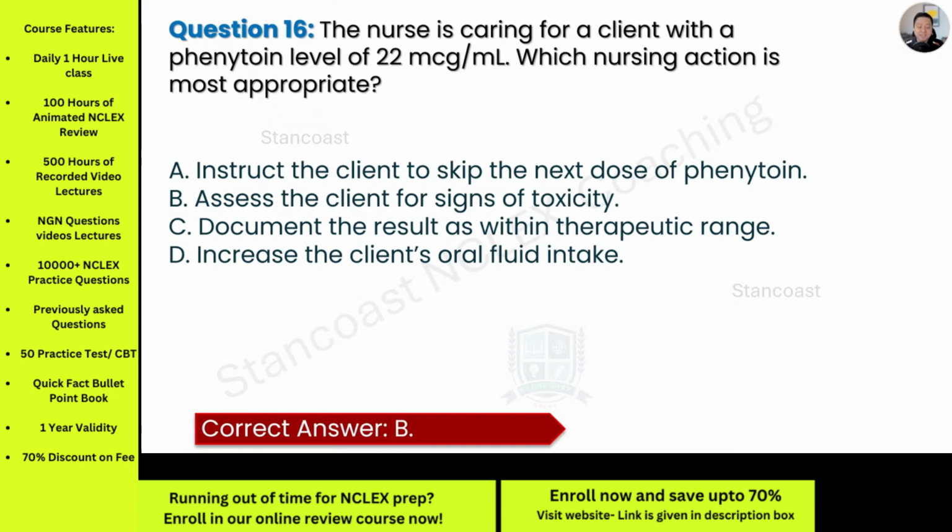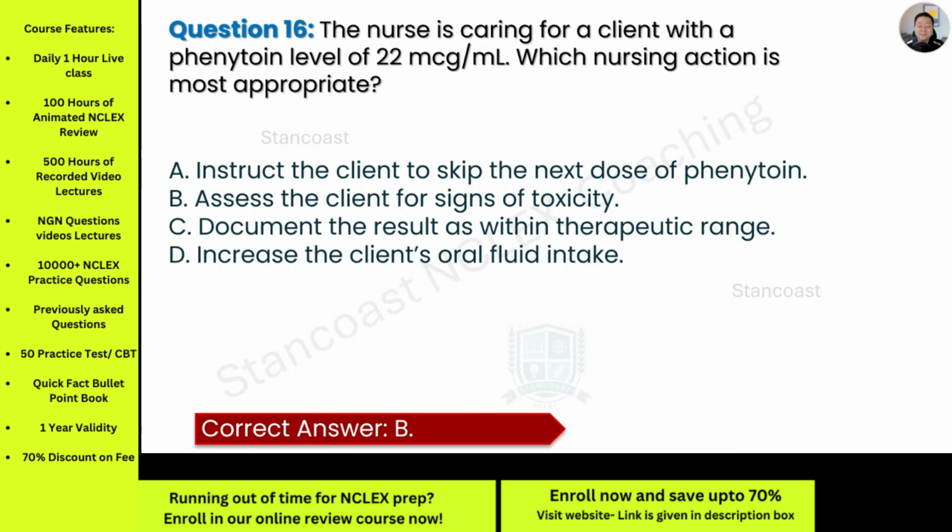It can include ataxia, incoordination. The patient can be confused. They will also have tremors and get dizzy. Your priority nursing care here is to assess the client for signs of toxicity to ensure early detection and also to promptly manage this patient.